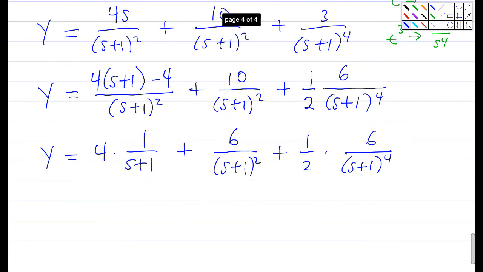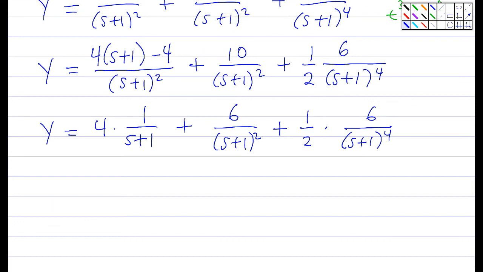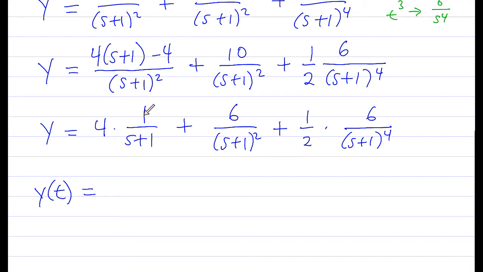We're ready to actually invert the transform. Y of t. Now we're looking at the solution. What function has a transform of 1 over (s plus 1)? If you remember your little table we've made in previous videos, that's just e to the minus t. Plus, what function has a transform of 1 over (s plus 1) squared?